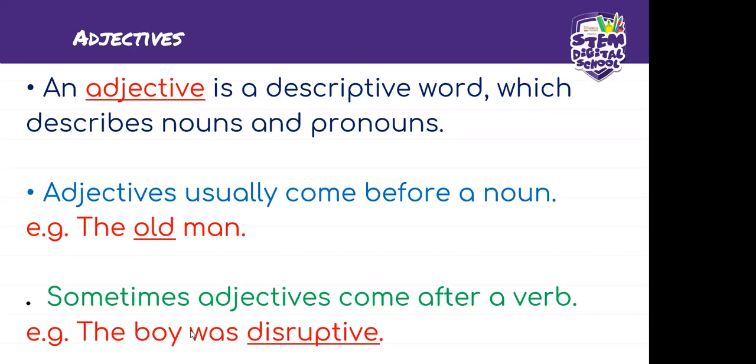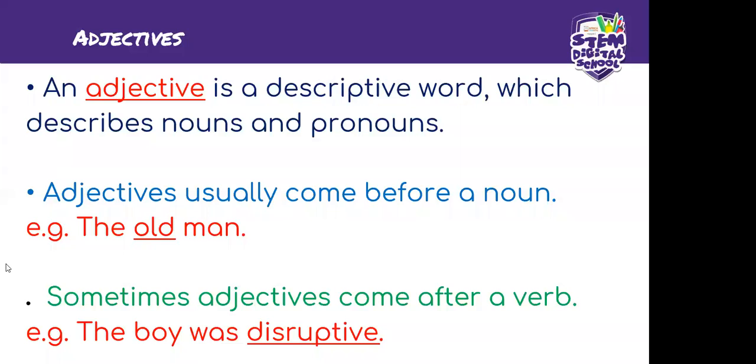So our verb here is was. But remember, was is a special type of verb which we call an auxiliary verb. Do you remember that?